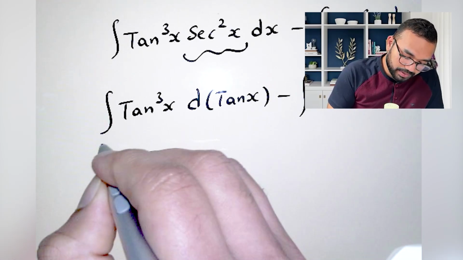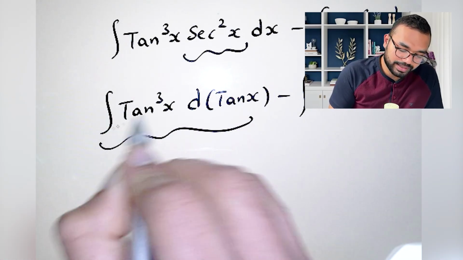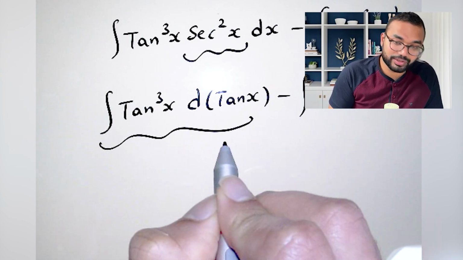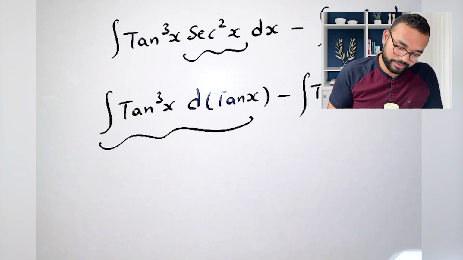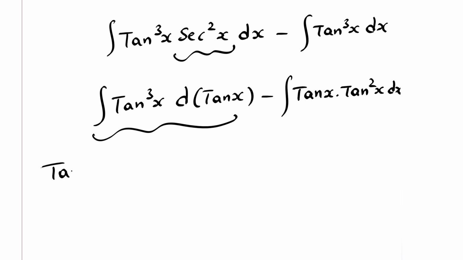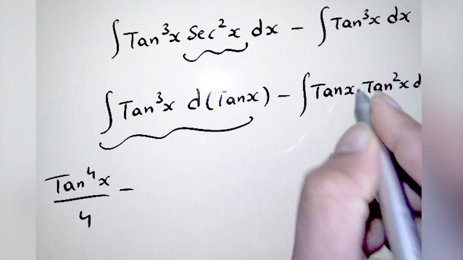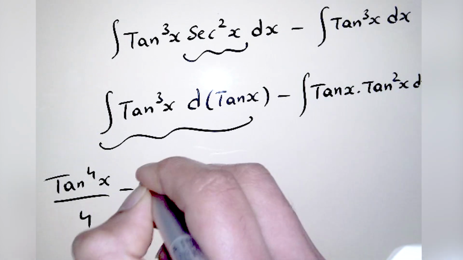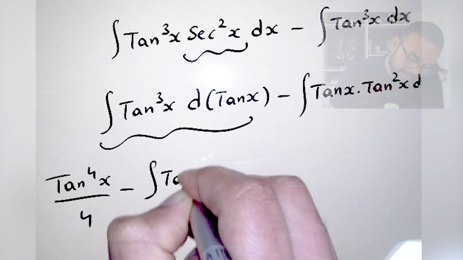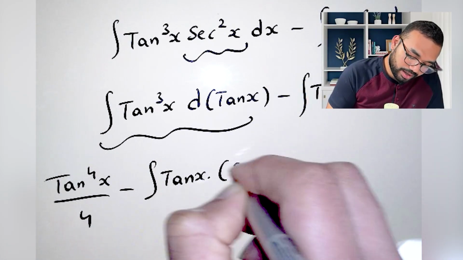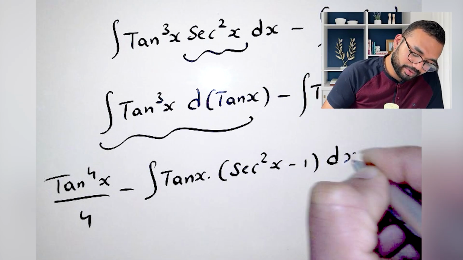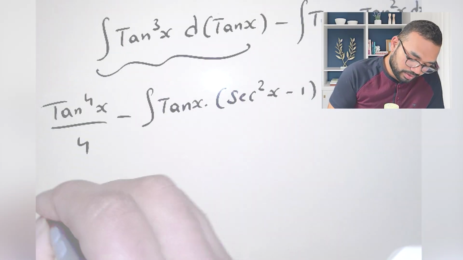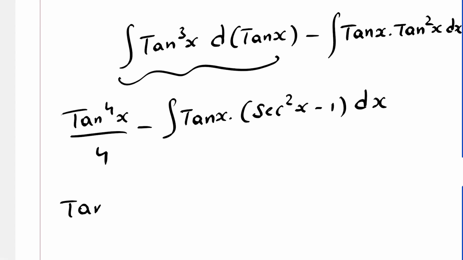If I simplify this integral tan cube x d of tan x, it is going to be tan power 4x divided by 4 minus, so tan square x can be written as integral tan x into (secant square x minus 1) dx, right? So just distribute it.